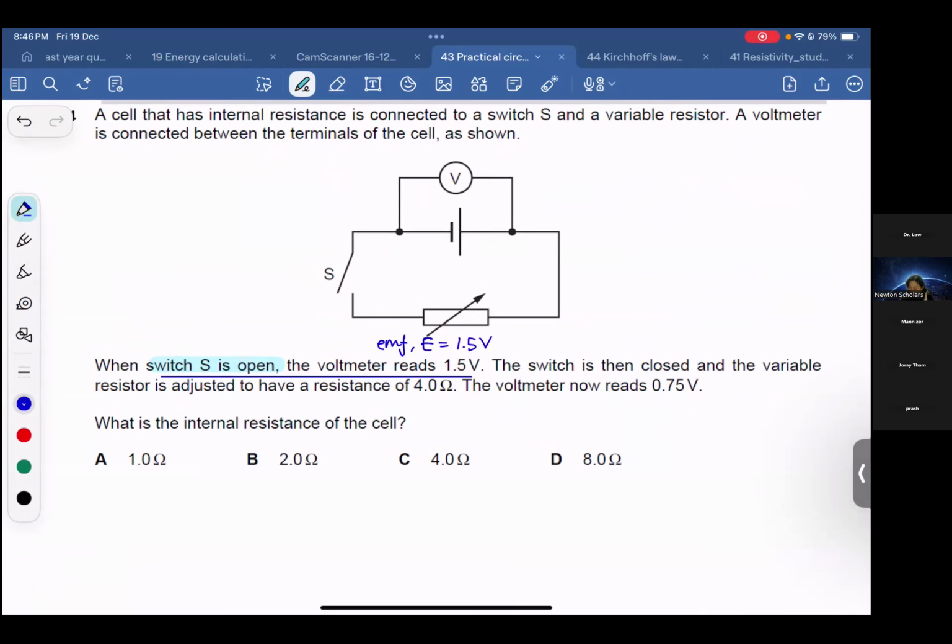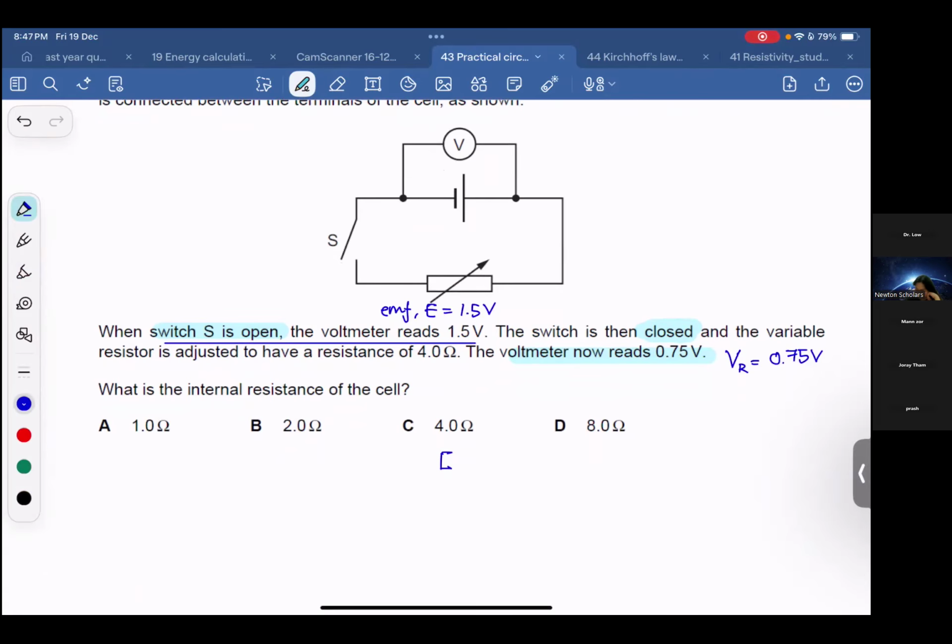The switch is then closed. Then the variable resistor is adjusted until 4.0 ohm. Voltmeter right now, close the switch. If you close the switch, the voltmeter right now actually is the voltage across the resistor, 0.75 volt.